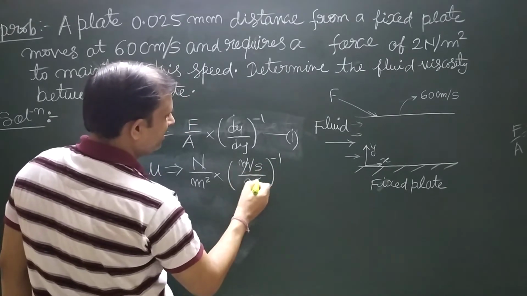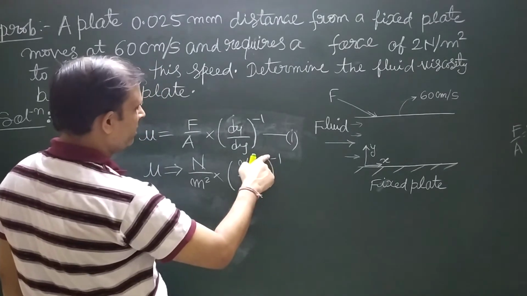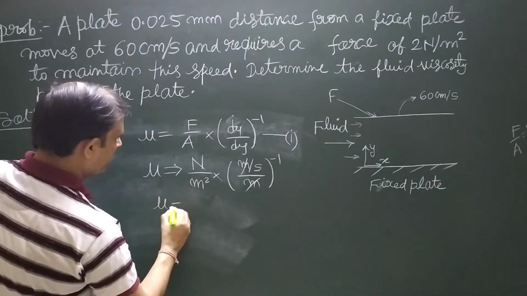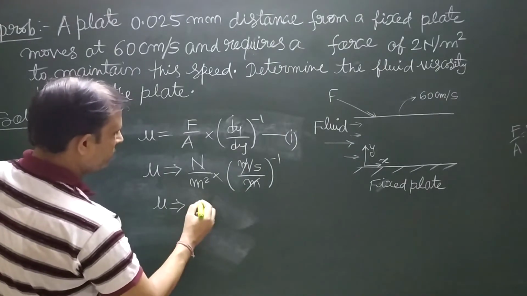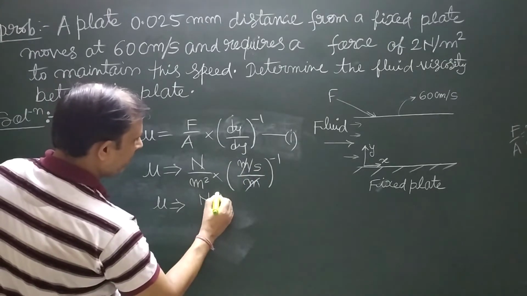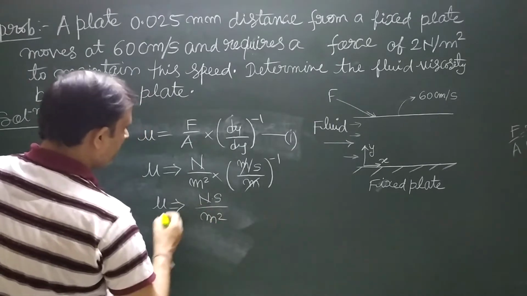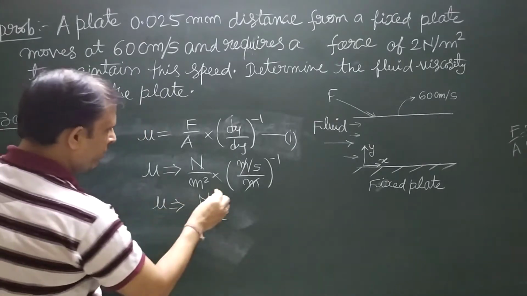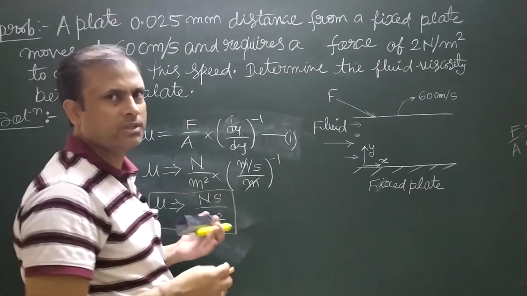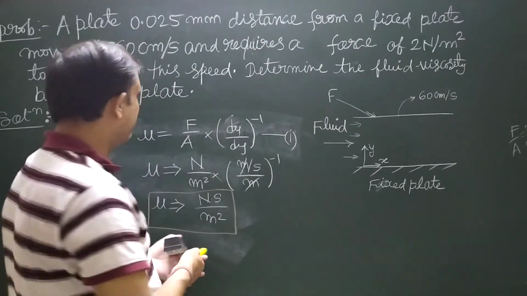So meter will cancel out. This is 1 by second, and the inverse of 1 by second gives second. So the unit of viscosity will be Newton second per meter square. This is one unit of viscosity.